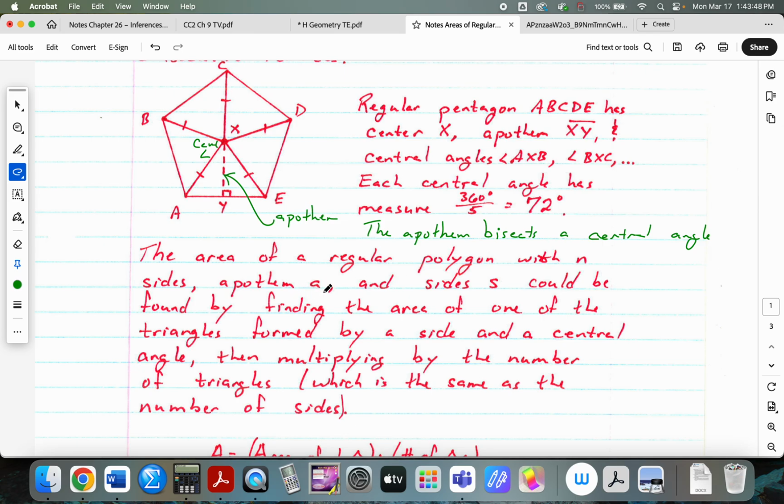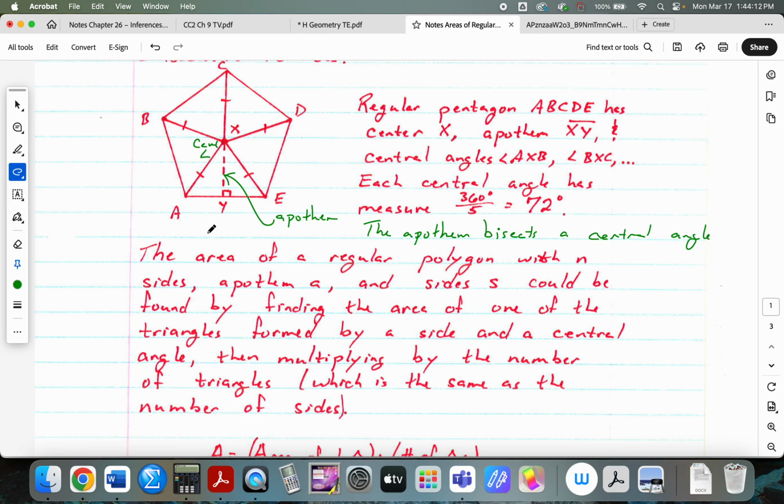That makes sense. The sides, we're going to use S for the length of a side. So you could find the area of this whole thing by finding the area of just this triangle, triangle AXE, and then multiplying that by 5 because there's 5 of those triangles.